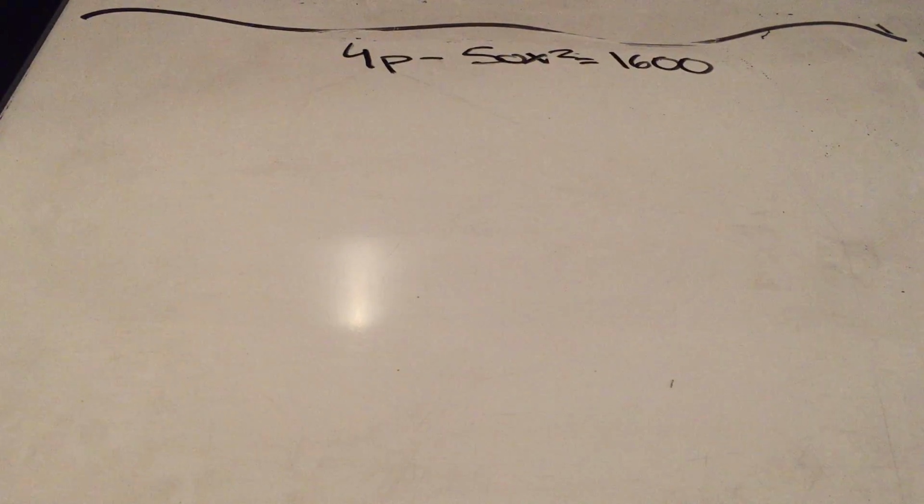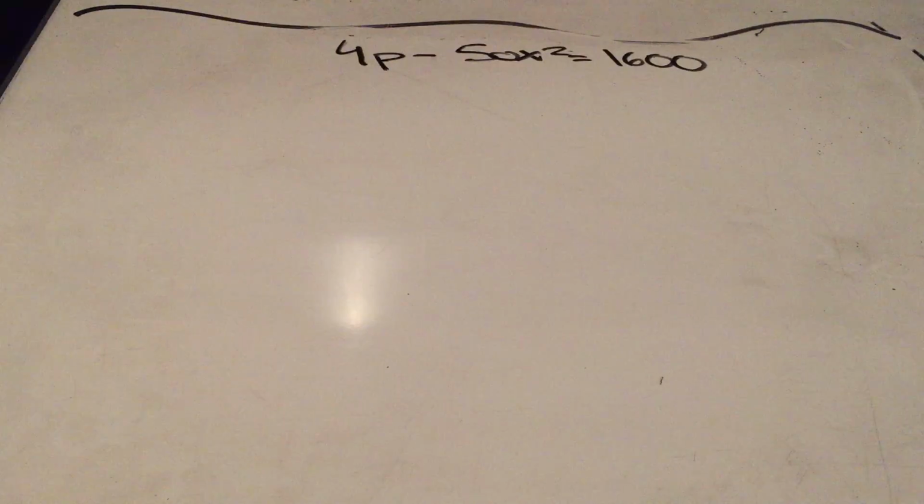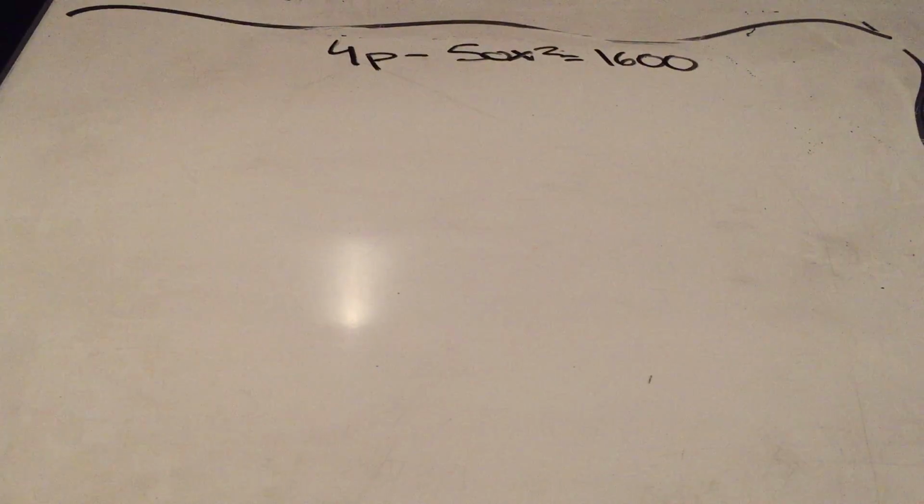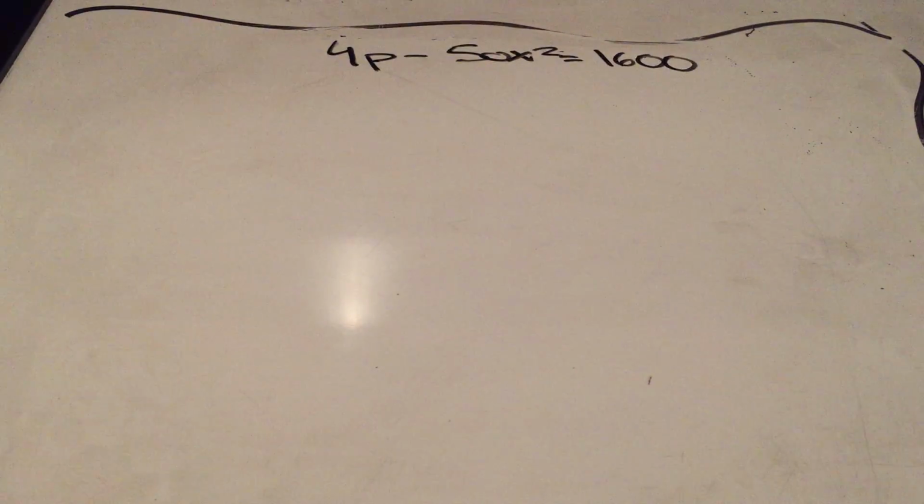Alrighty, so the problem given to us is 4p squared minus 50x squared equals 1600, and this is the equation given to us.